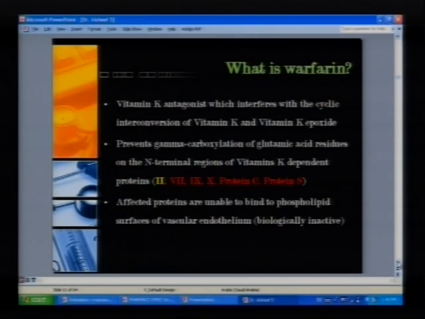It affects clotting factors 2, 7, 9, 10, protein C and protein S. That's why warfarin has a pro-thrombotic effect when used initially, and why it has to be overlapped with low molecular weight heparin, because warfarin will reduce protein C and protein S by 50%. People who have protein S and C deficiency are particularly likely to develop warfarin-related skin necrosis.